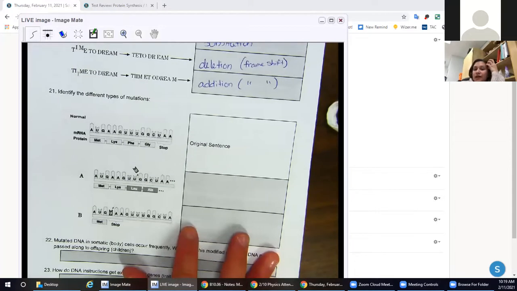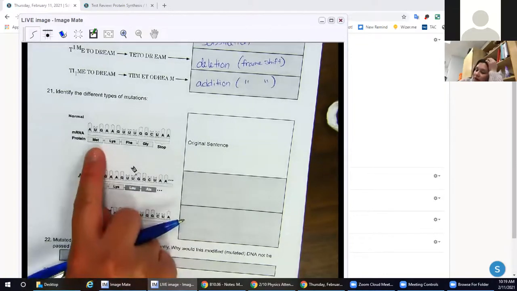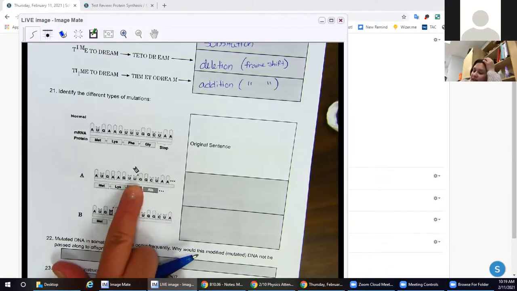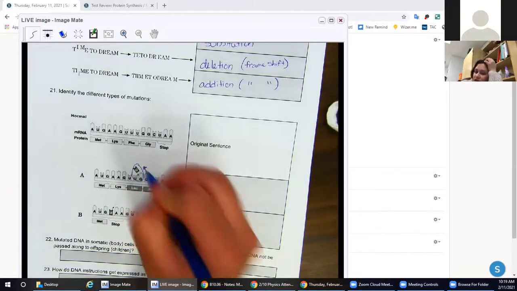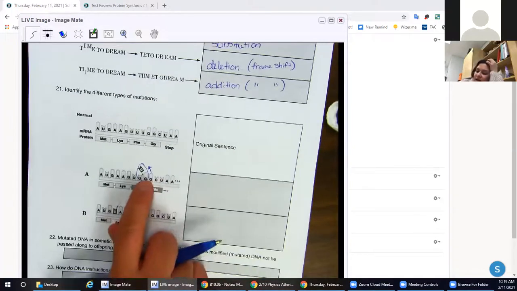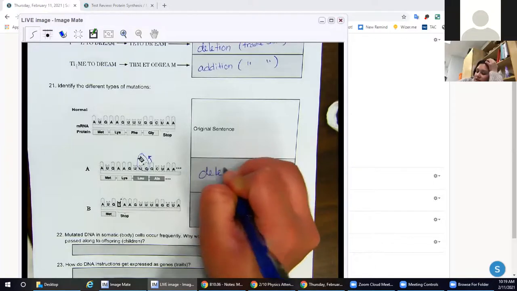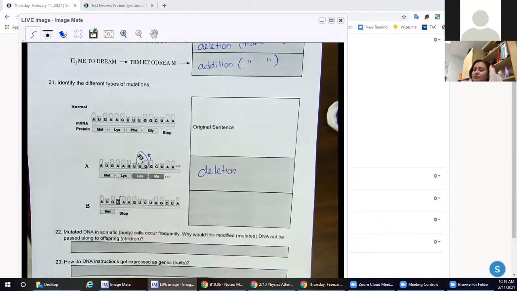Number 21, identify the types of mutations. Here we have met-lis-phi-gly-stop. We're taking out that extra U. The picture's kind of hard to see here, but there's an arrow taking out the U. So that's deletion. And notice how it doesn't stop and it codes for completely different amino acids.